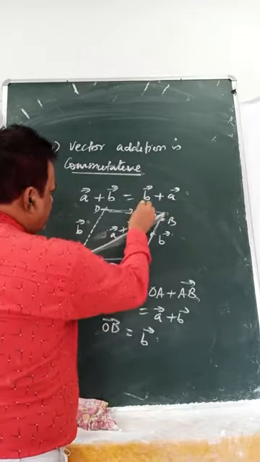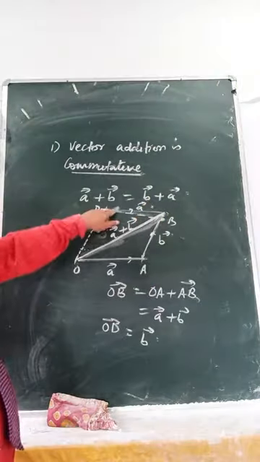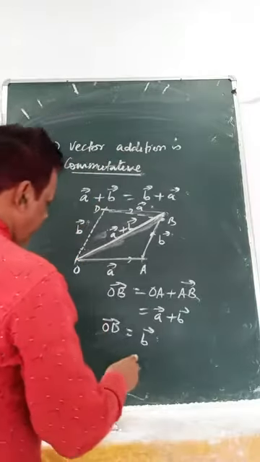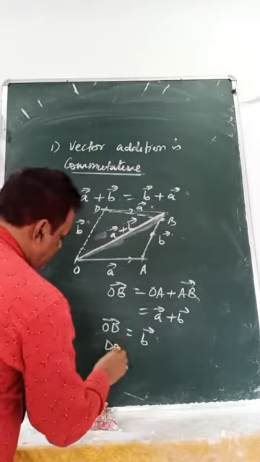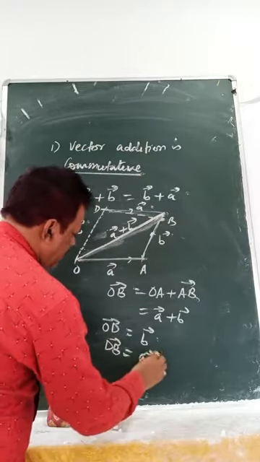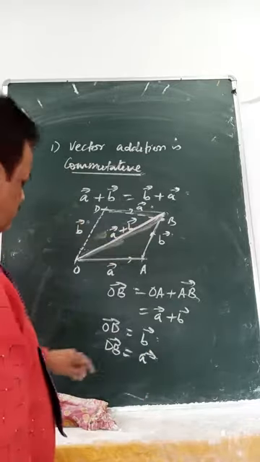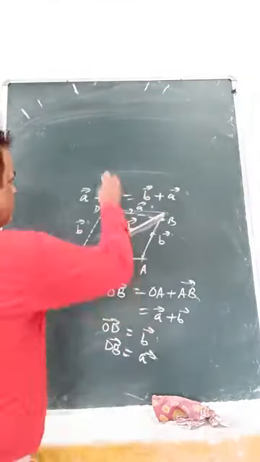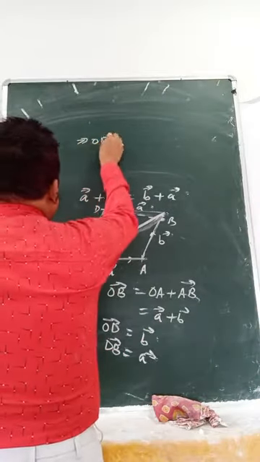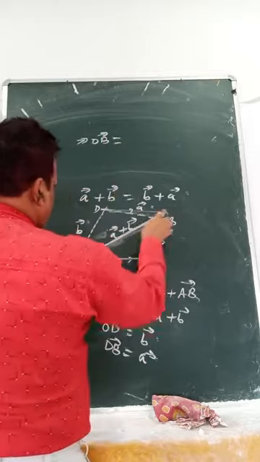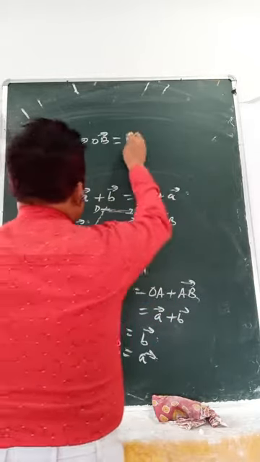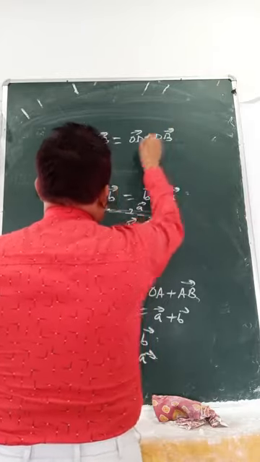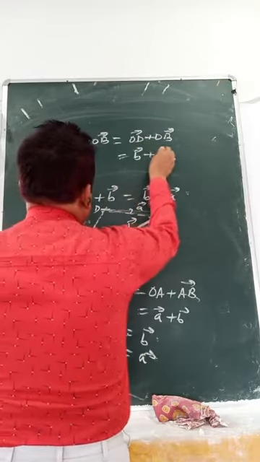So OB equals OD plus DB, that means B vector plus A vector.